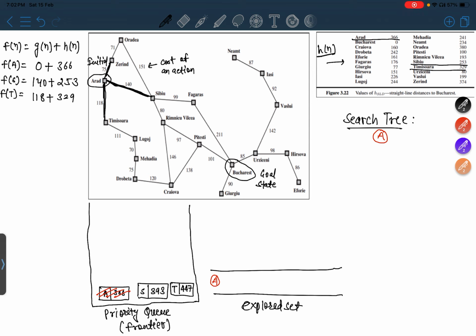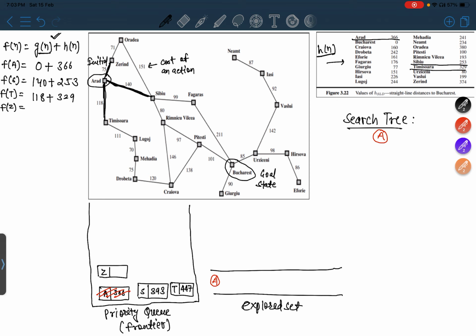And let's calculate it for z also. So f of z. In the exams also you can maintain this kind of data because we are going to need this gn value later on also. Because we know that gn is additive. So for the successors of s, the gn value will be the value of g of s plus the cost of going from s to the successor, right?